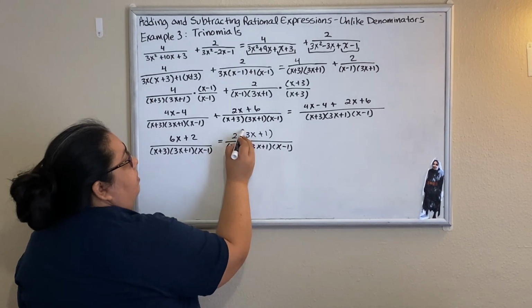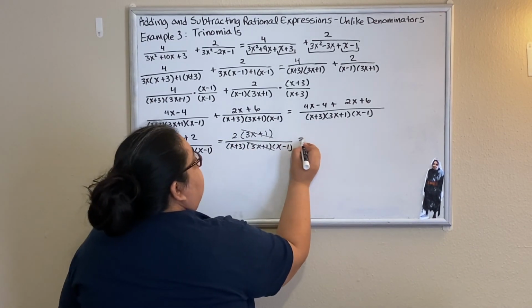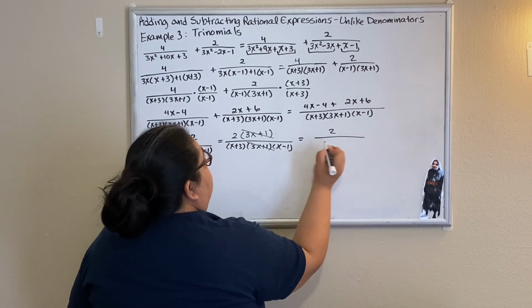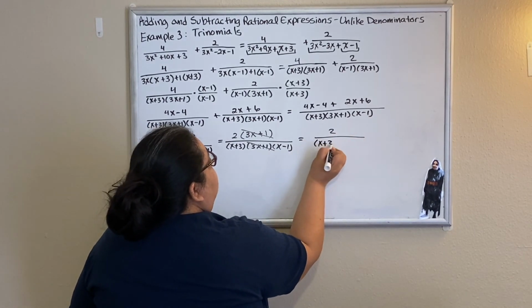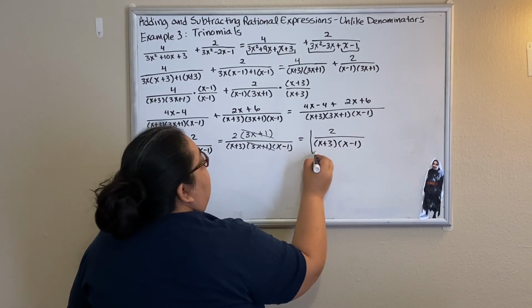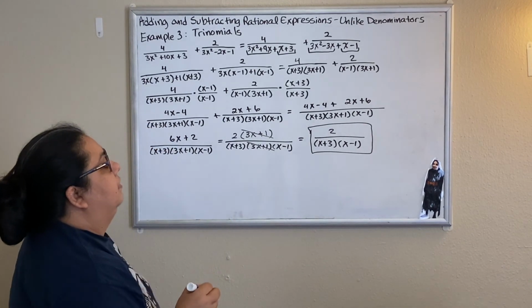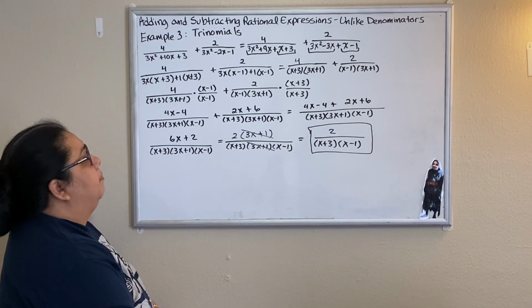Well, I can reduce the 3x plus 1. So that leaves me with 2 over x plus 3 times x minus 1. And that is about as far as we can go. There is my sum. And that is example 3.